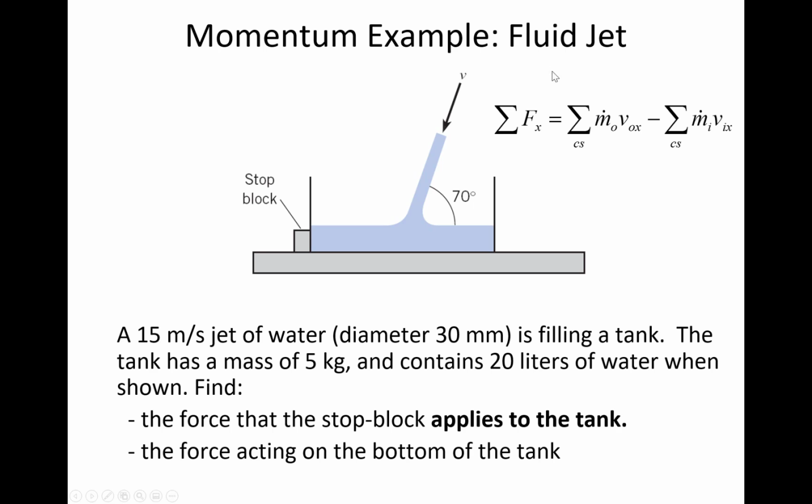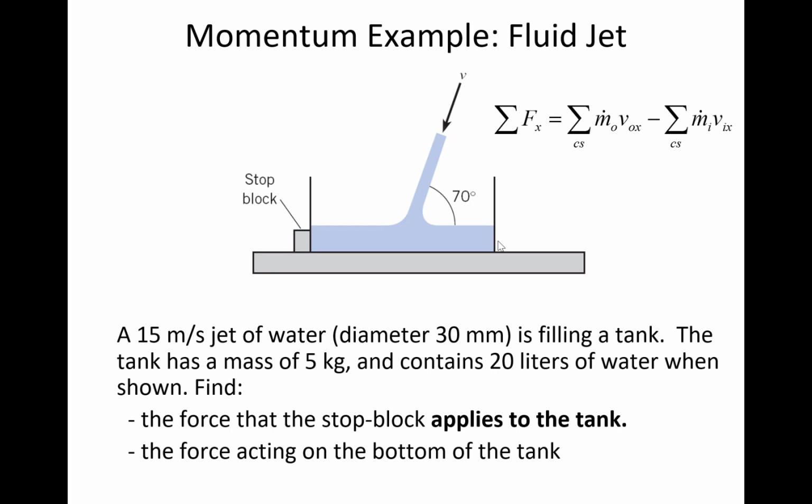So up here in the equation, on the right-hand side, we need to know the mass flow rate out. And so envision drawing a control surface that surrounds and encompasses the tank. That's our control surface through which the jet is flowing. And there's no stream going out.